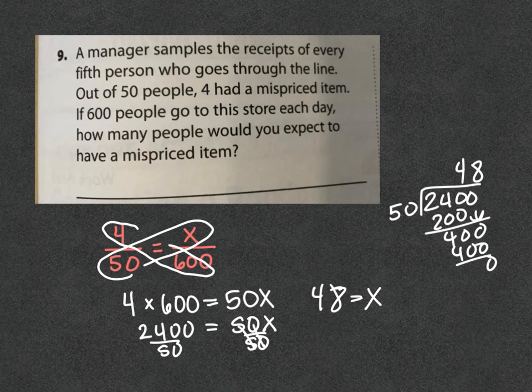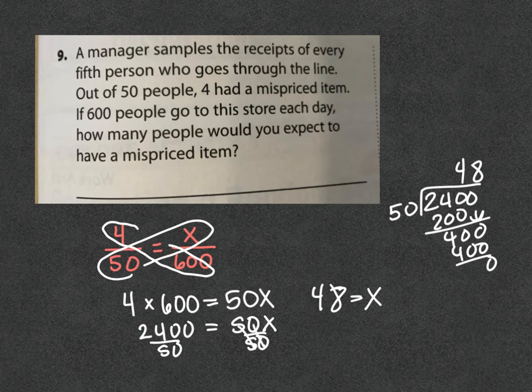So 48 people might have had mispriced items. 48-ish, right? It's not going to be an exact number, but it's going to get us an idea of how many people may have had mispriced items if 4 out of 50 had mispriced items, and if 600 people walked through.